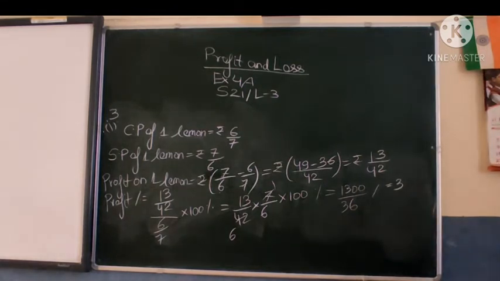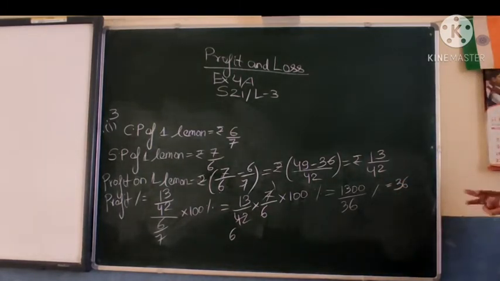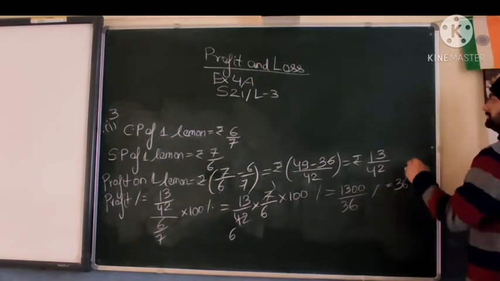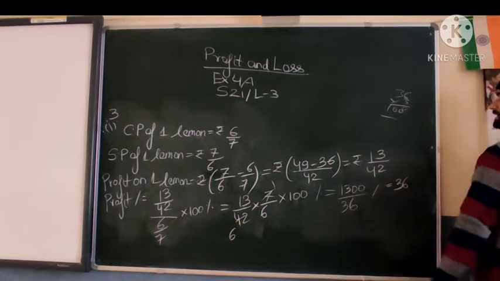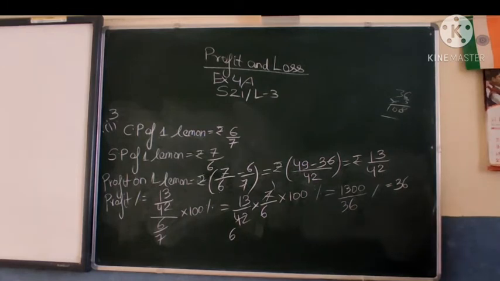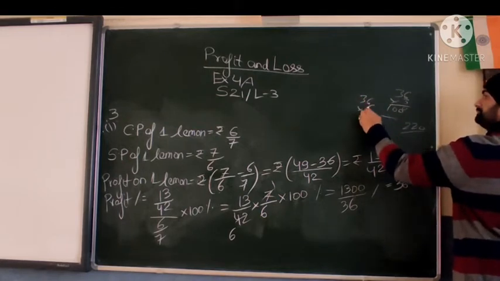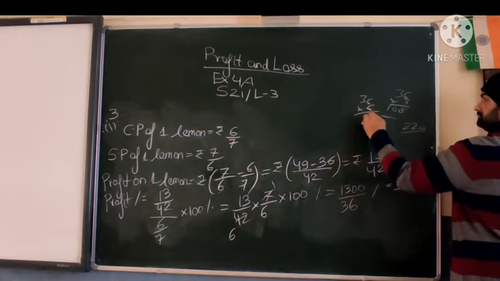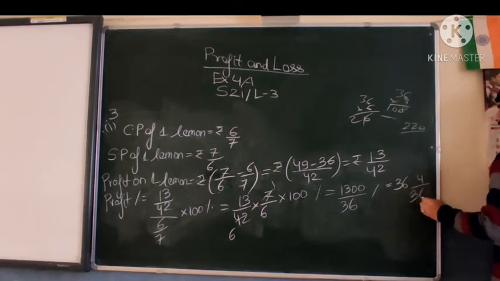How many times will it go? 6 times, 36 sixes are 216. So 4 remains. 4 by 36%.